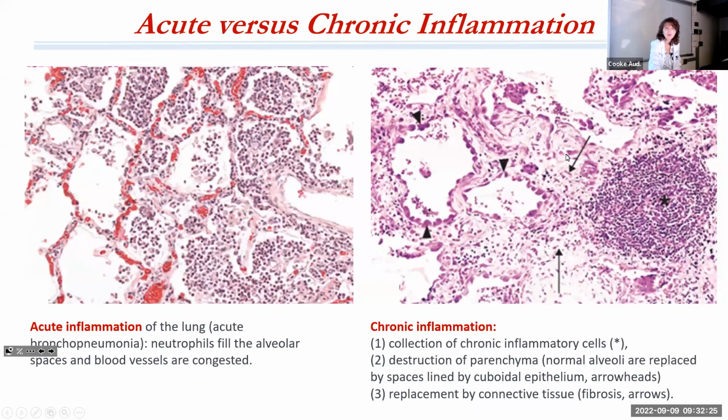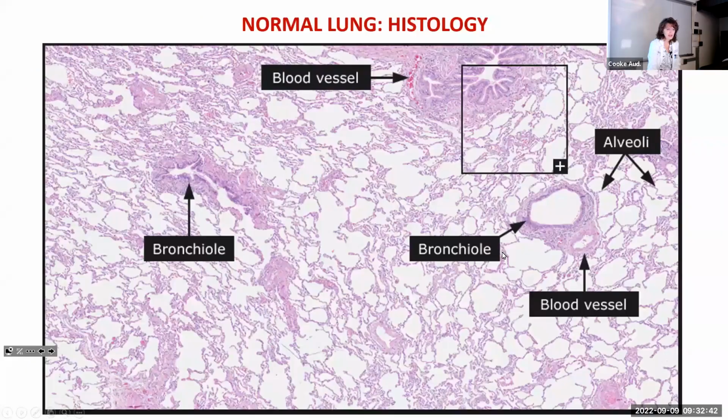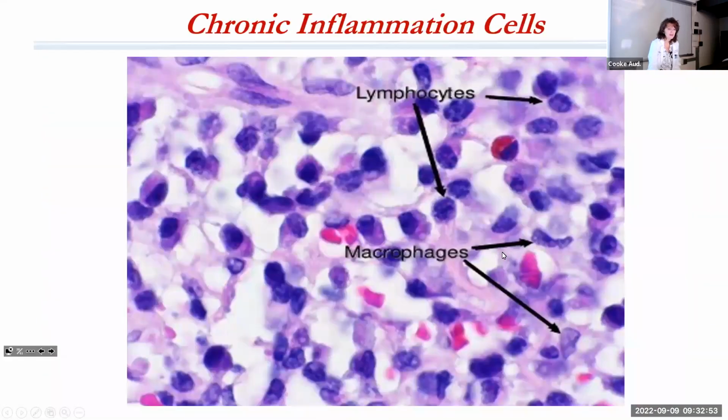This is connective tissue which replaced the normal lung parenchyma. Also, not only do you have this collection of inflammatory cells, but they spill into the tissue. These are also some inflammatory cells. Now that's a feature of chronic inflammation. That's the look of chronic inflammation. And I just put the slide here as a quick reminder of how the normal lung should look, which is not what you just saw in those two pictures of acute and chronic inflammation.